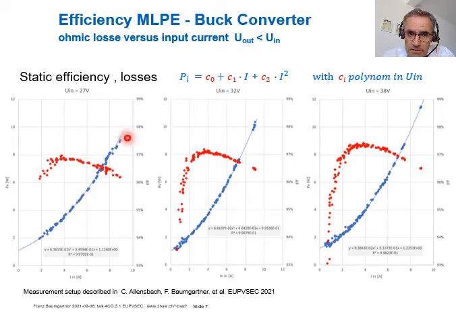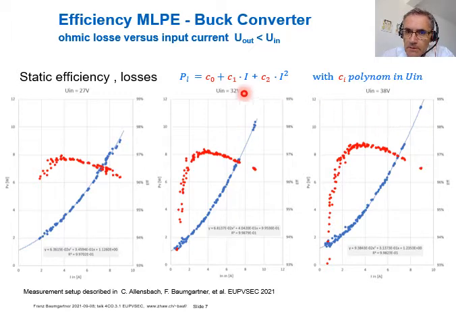But to get such a clear loss power versus input current of the optimizers, you have to select only the measurement points with a certain input voltage, and that's for 27 volt, that's for 32, and that's for 38.